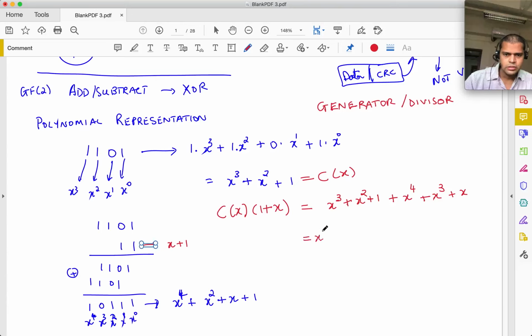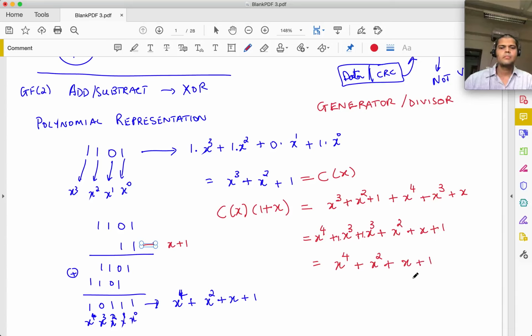It's x to the power of 4 plus x cube plus x cube, I'm just collecting the terms, plus x square plus x plus 1. x cube plus x cube is 1 plus 1, so we get 0. So we end up with x to the power of 4 plus x square plus x plus 1. This is as expected, we're getting the same thing.